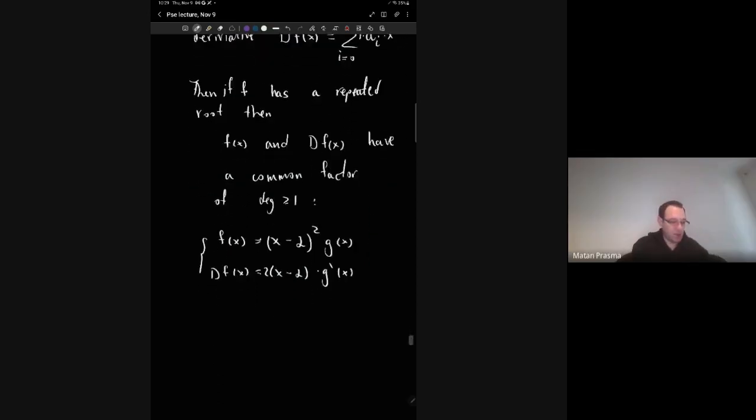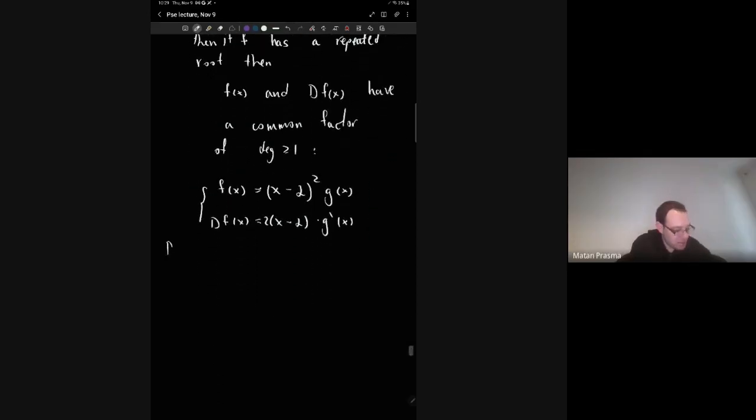Okay, so now we get to the main goal, and this is what you can call the structure theorem of finite fields.